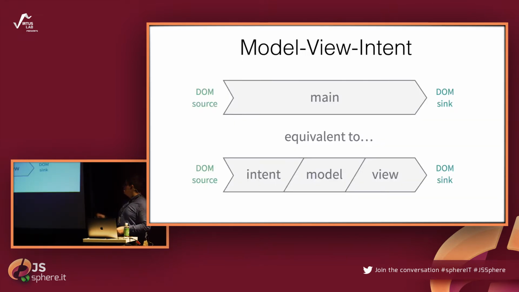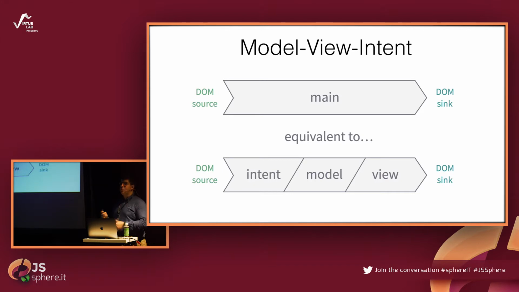And also, of course, CycleJS has its own design pattern for how you should create your functions, so how a component should look. It's called model view intent, so it's like intent, model, and view. When you have your function, the source from DOM or HTTP comes to your function, then you have intent.